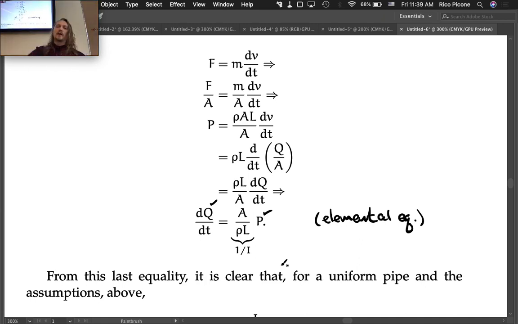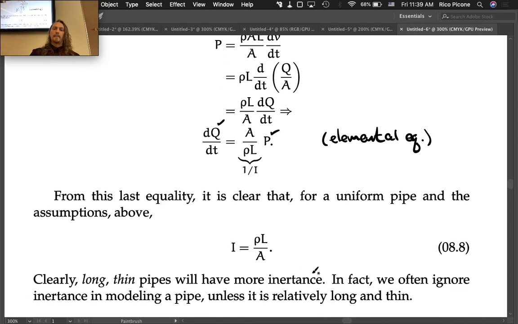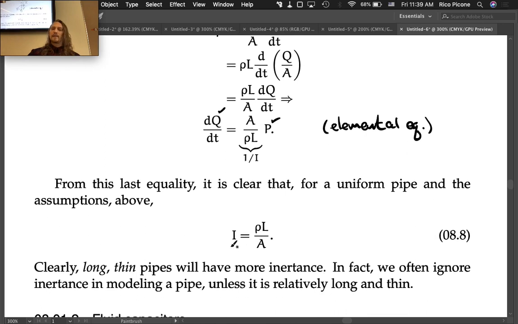So from this last equality, it's clear that for a uniform pipe and the assumptions above, the inertance is just rho L over A. So clearly, long, thin pipes will have more inertance. In fact, we often ignore inertance in modeling a pipe unless it is relatively long and thin. For short, fat pipes, we don't have a lot of inertance. Notice the ratio of L over A is in here.